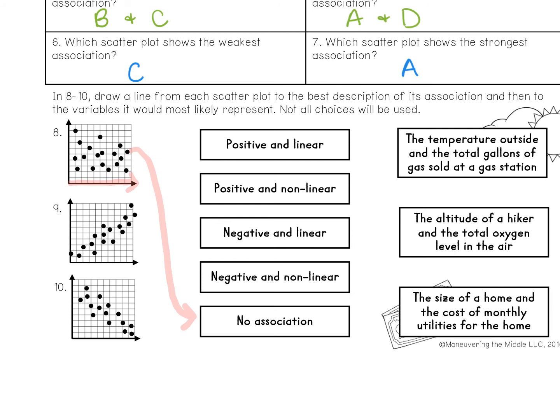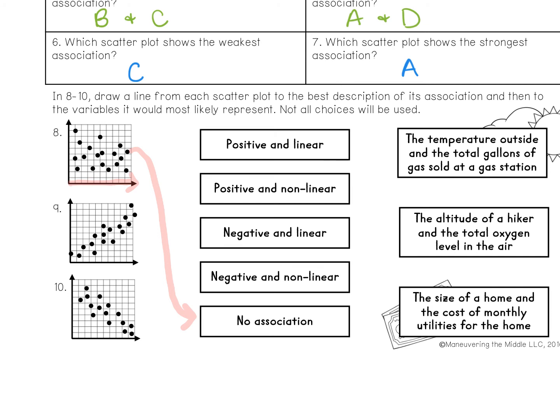Well, I know that as altitude increases, there's less oxygen in the air. So as you get higher up in the atmosphere, the level of oxygen goes down, right? So that has an association. If I'm looking at the size of a house and the cost of the utilities, well, if it's a bigger house, it's going to have more lights. It's going to cost more to heat it because it's probably going to have more rooms, right?